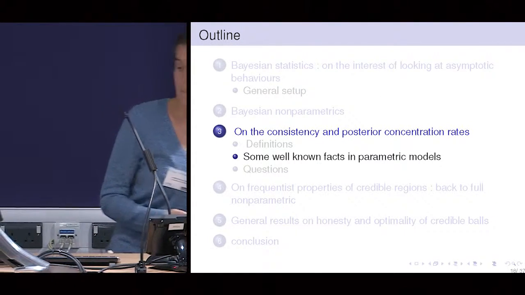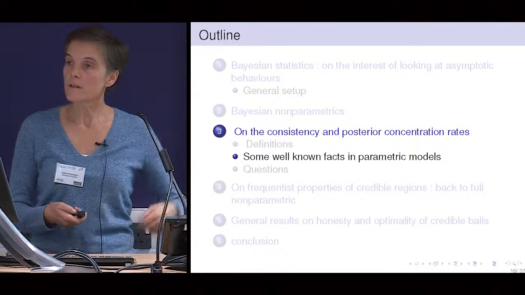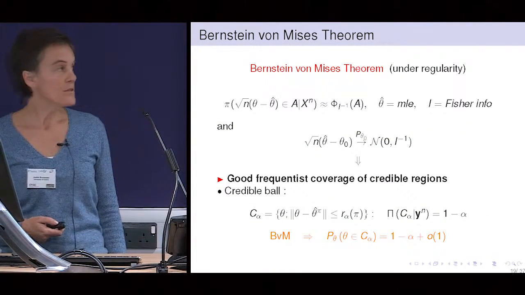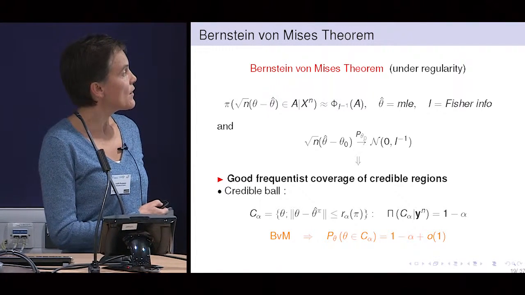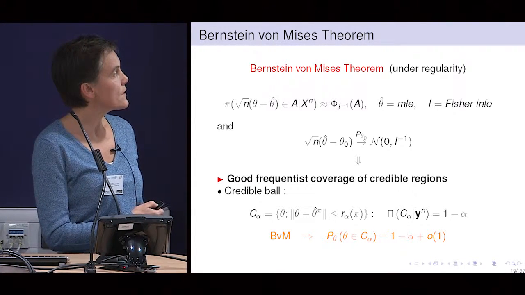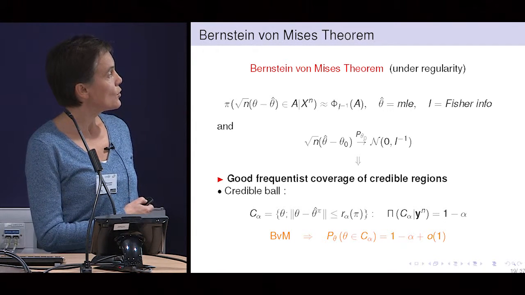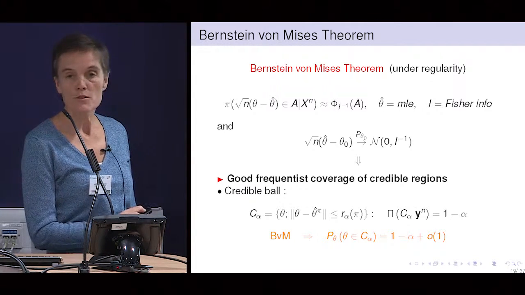So just to go back to simple things and to make mathematical what I showed with the plots at the beginning of the talk, what happens in the parametric world? In the parametric world, if you have a regular model, you have the famous Bernstein-von Mises theorem that says that asymptotically, the posterior distribution looks like a Gaussian with mean the MLE and variance the inverse of the Fisher information matrix.